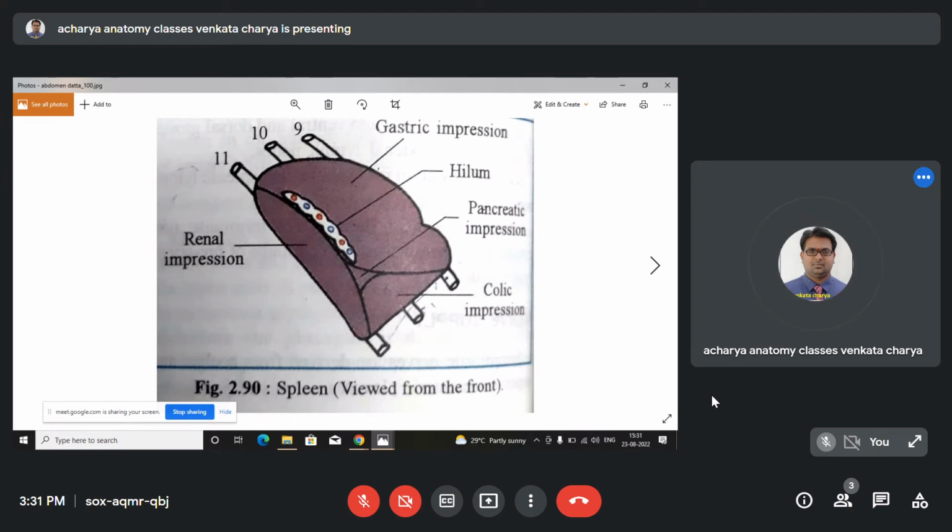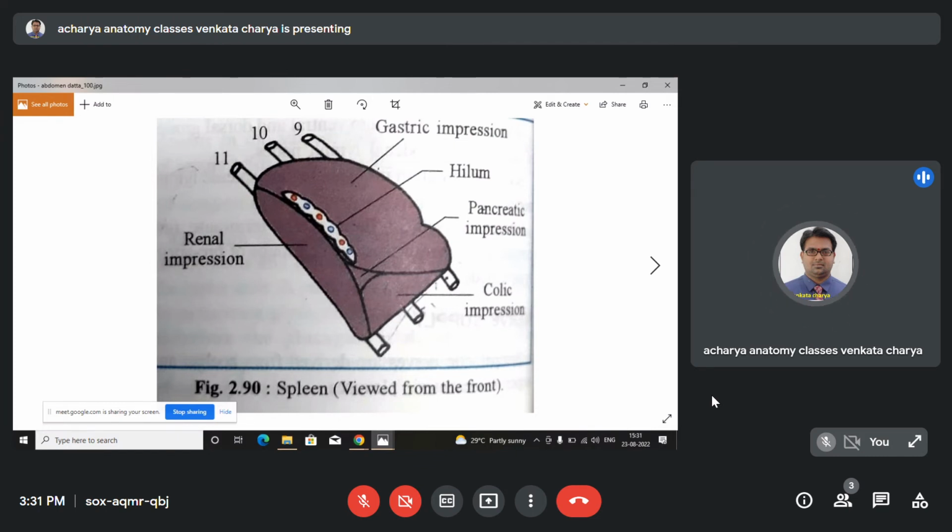This is the upper surface and this is the lower surface. These two surfaces are divided by the intermediate border.